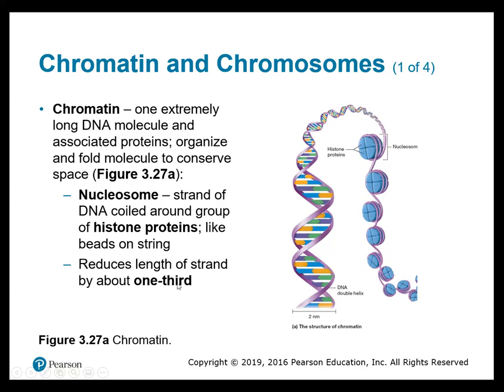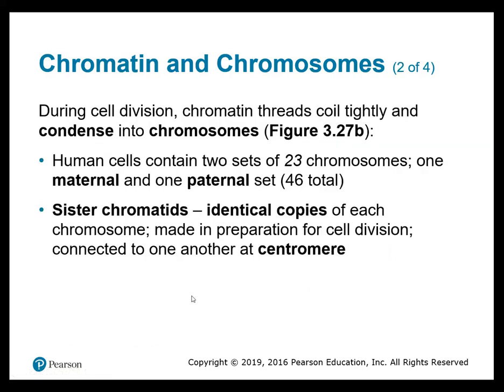And we actually can tightly condense this DNA material. When we need to divide our cells, we condense them down, which means those histones will start to coil up and wrap more DNA, and then the histones will start to interact with each other. And so we can really tightly pack our DNA into about 46 chromosomes.